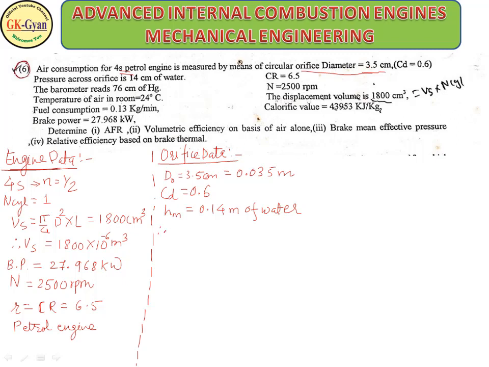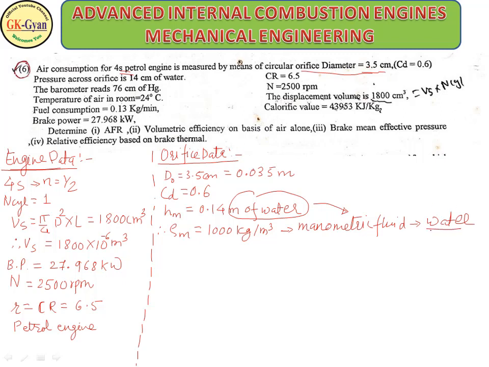Therefore density rho m is 1000 kg per meter cube, because the manometric fluid is water. Here meter of water is given. Understand? Then atmospheric pressure is given.